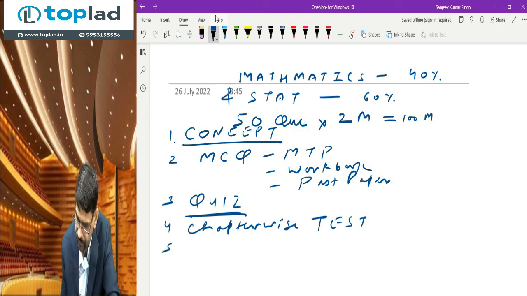And after that, we also take a mock session.